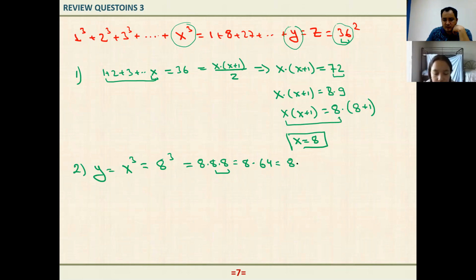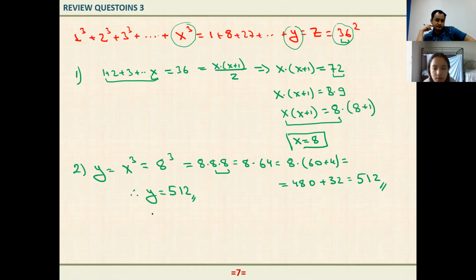Again, I can multiply it like this. 8 times 60 plus 4, which is equal to 8 times 6, 48. Plus 8 times 4, 32. Now, if you add this, 2 plus 0, it is 2. 8 plus 3, 11. We have 1, and here we have 4. That is 512. So that means that the value of y equals 512.